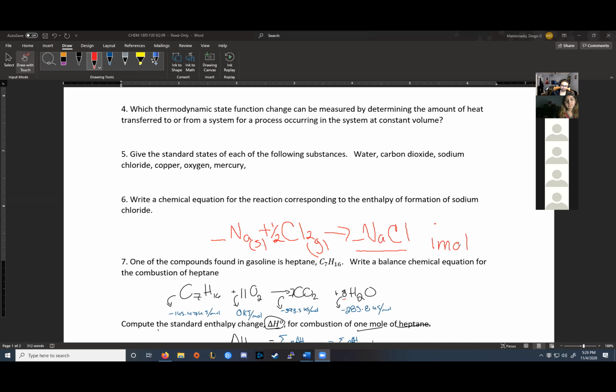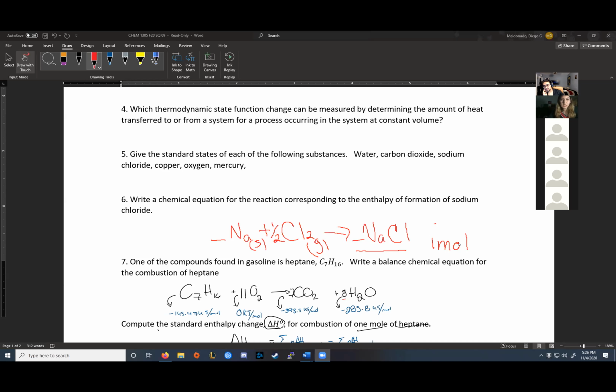So now with this, is it balanced or no? Yes, good job. So that would be pretty much it for this one. You just have to make sure that it's balanced completely, but you never have more than 1 mole of your product.